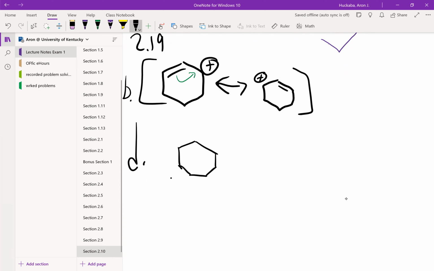There we go. Okay. So now this is conjugated throughout this 7-membered ring, and the resonance form can be as easy as this.